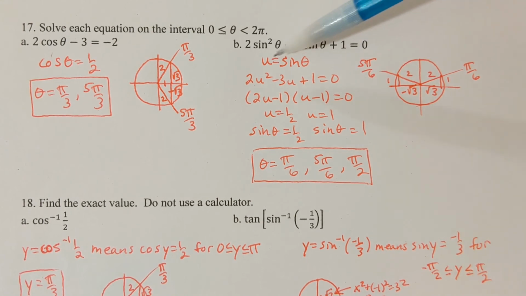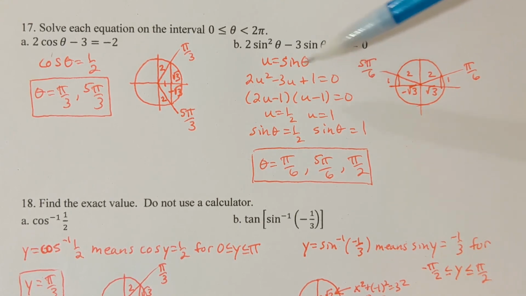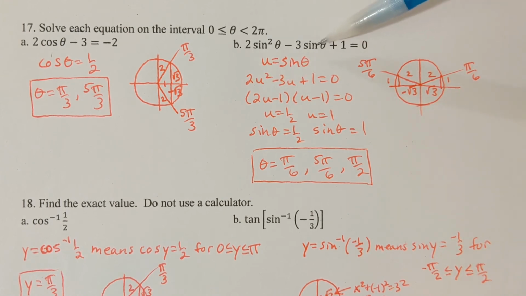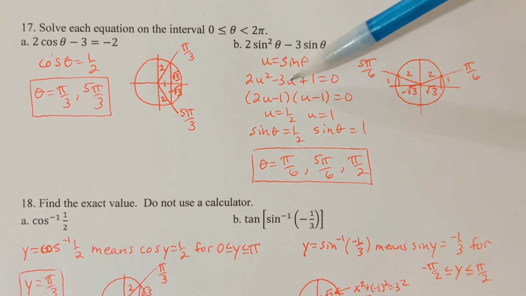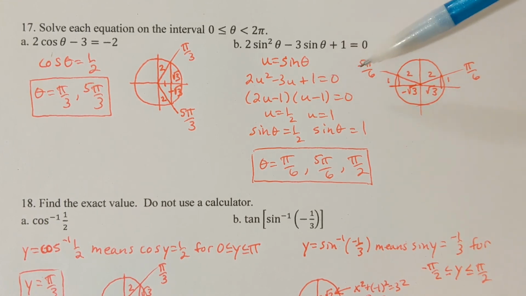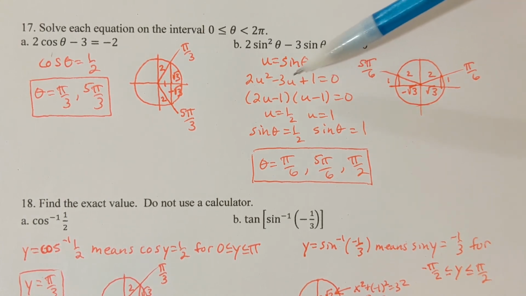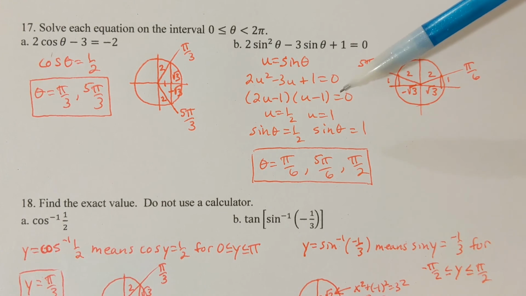Now, if I were to let u be sine theta and square both sides, u squared would be sine squared theta. So I'm going to have a 2u squared term leading off, minus 3u, and then plus 1, all equal to 0. By making that substitution, I can see more clearly that I had a quadratic hidden in disguise a little bit.